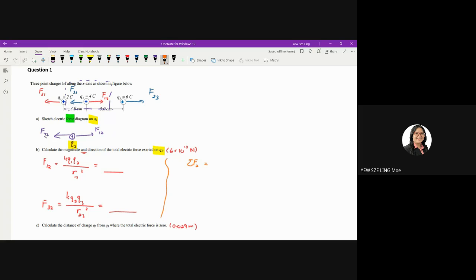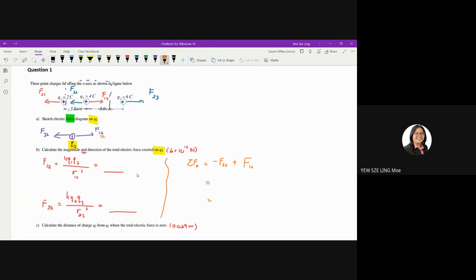In vectors, if your vector is pointing to the left-hand side, we assume it is a negative value. So negative F32 plus F12, which is heading to the right-hand side, so it is a positive value. So negative F32 plus F12 equals to, now you plug in the values, and then you calculate the answer.